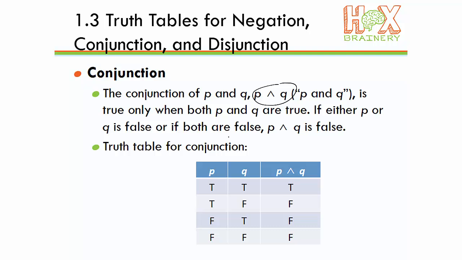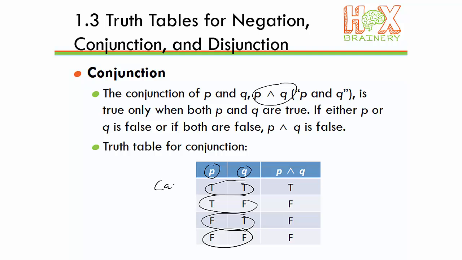Okay, so we have a slightly larger table now, because now we have P and we have Q. So these are our different cases. You're going to have 4 cases now that we're working with 2 simple statements, P and Q. In the previous table, we just had one simple statement, P, so it was either true or false. There's only 2 cases. But once we introduce a second simple statement, Q, we're going to have 4 cases.